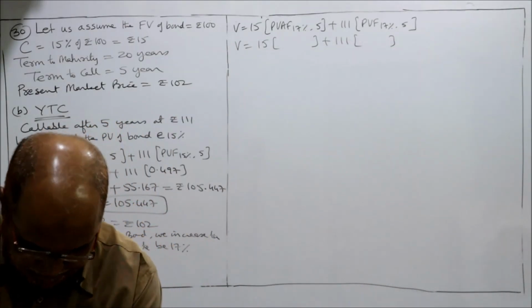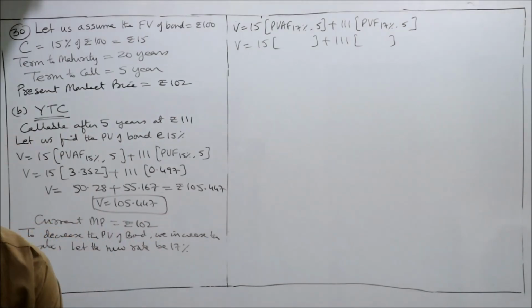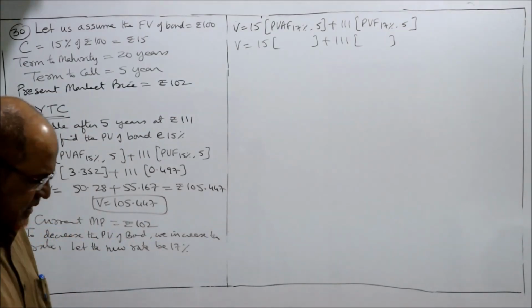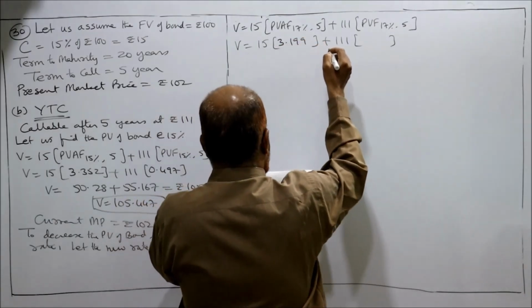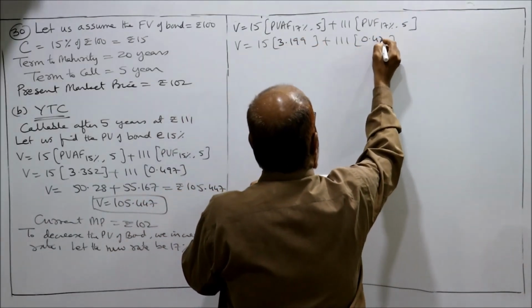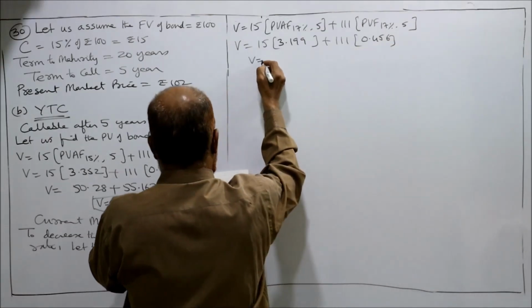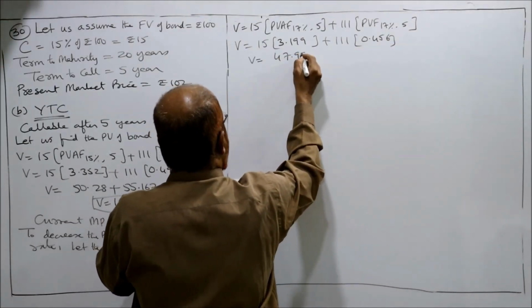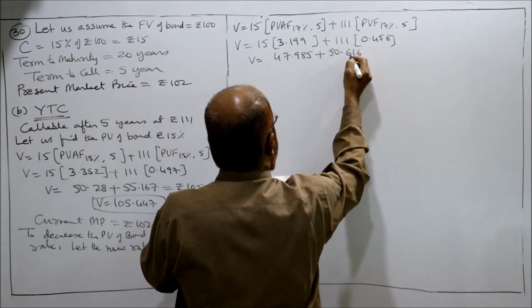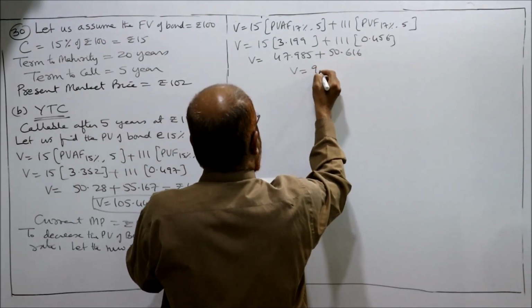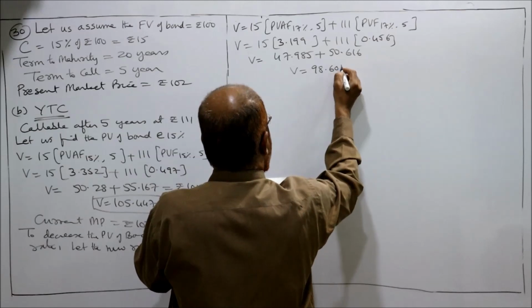Seventeen percent 5 years, we are getting 3.199 and 0.456. So V is equal to 47.985 plus 50.616, which is 98.601.